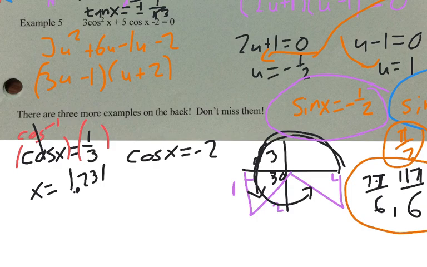I put the inverse cosine there, which means I need to give all x values between 0 and 2 pi that make it true. The problem is, remember, inverse cosine, I have restricted the domain. And inverse cosine is only valid in the first and second quadrants. But the ratio of cosine can be positive in the first and fourth quadrants. So this spit out the answer for the first quadrant. I need to find the answer for the fourth quadrant.